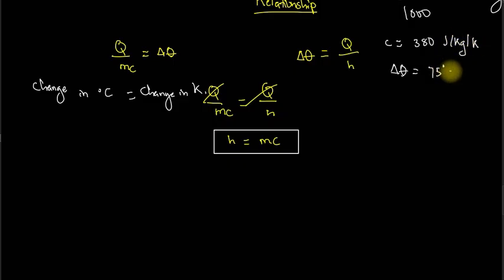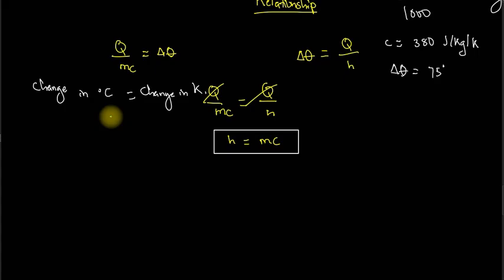So you may think that since you were given temperature in Celsius, you need to convert temperature to Kelvin first before getting your change in temperature. But that's not the case, because change in Celsius is equal to change in Kelvin. So it will be a waste of time.